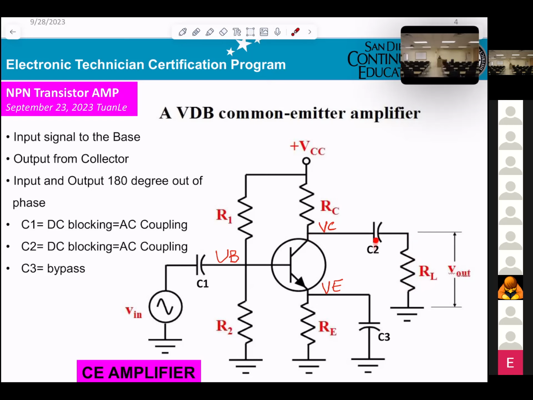So this capacitor will also be DC blocking and AC coupling. That means they allow AC to go, but not DC. And the last one, C3. C3 they call a bypass capacitor. What does that mean?